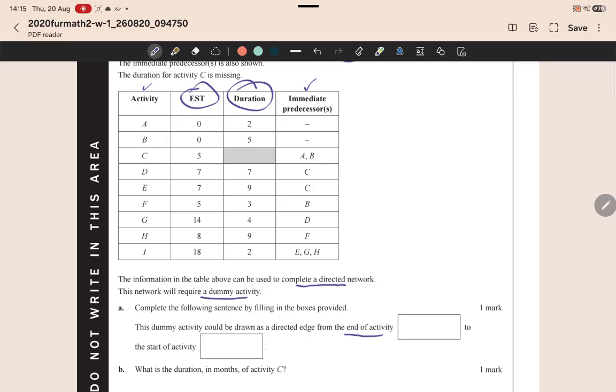activity box. So I look at all the immediate predecessors, and the only ones that I can see have alphabets in common is this one and that one.